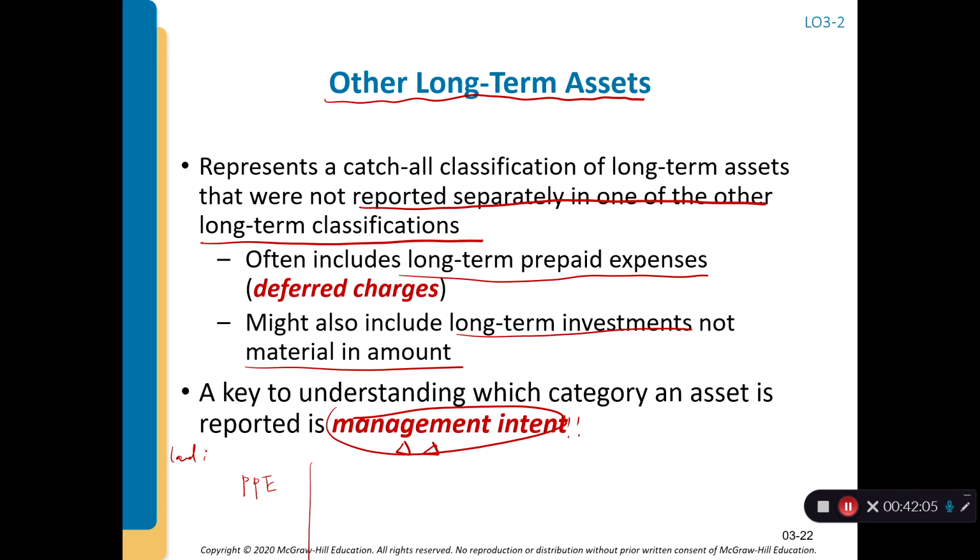if the land is used in operating activity, then this land is a part of property, plant, and equipment. But if it is used for future resale, that means this land is an investment, right?